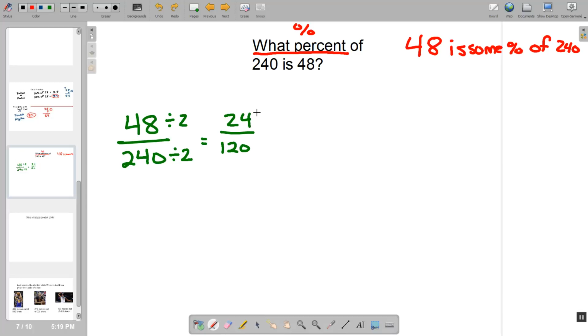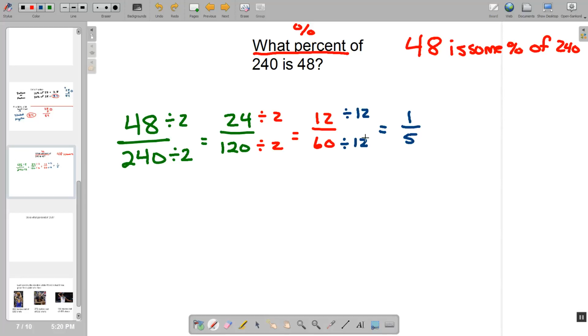Now, once again, still divisible by 2, so I'm going to do that. If you're recognizing that there are other numbers that are more easily divisible here, that's great. In fact, I remember from my multiplication chart that 60 is 12 times 5. So I can actually skip a step and get down here to 1/5.